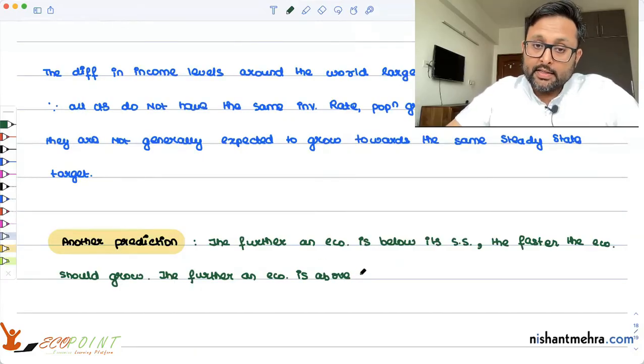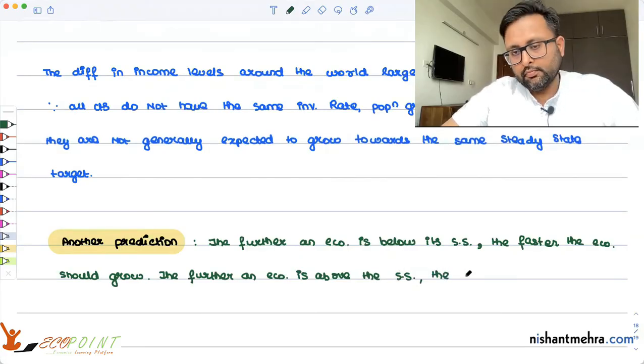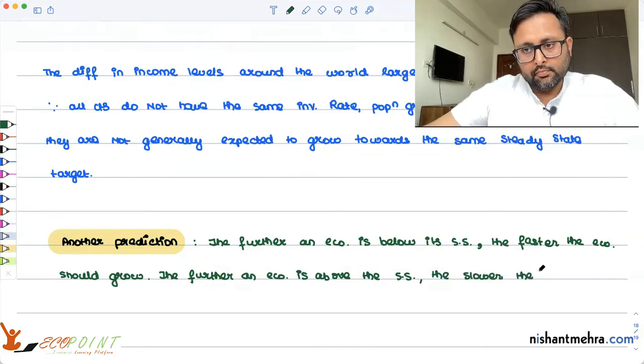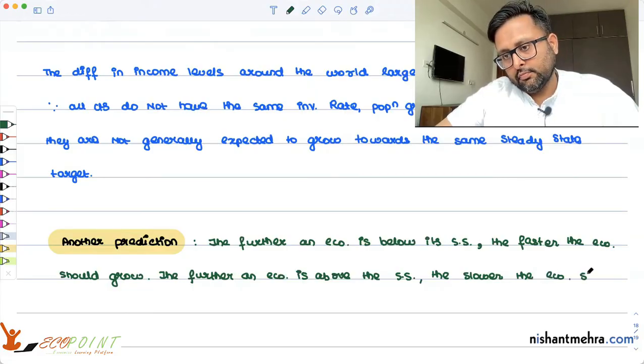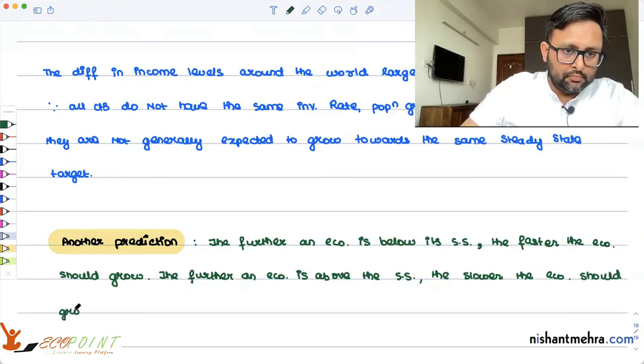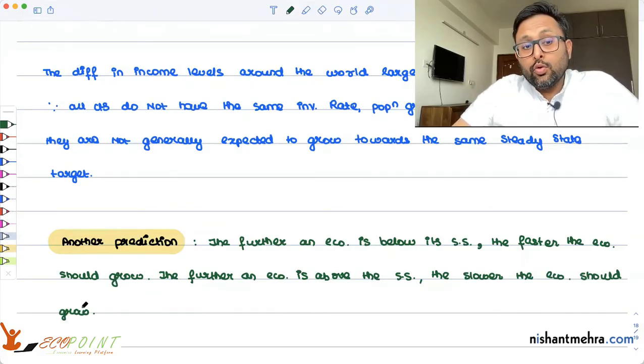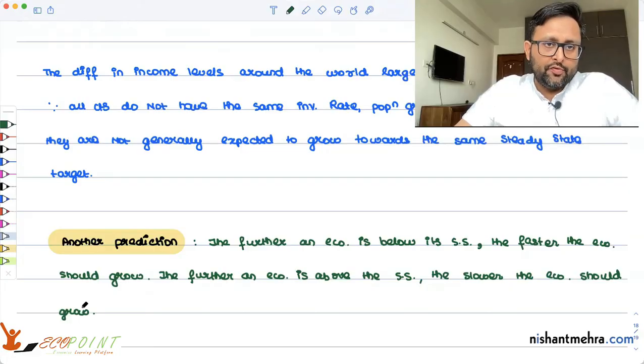The further an economy is above the steady state, the slower the economy should grow, right? The slower the economy should grow. So these are the two main predictions of the Solow model. And this is what your convergence hypothesis is.